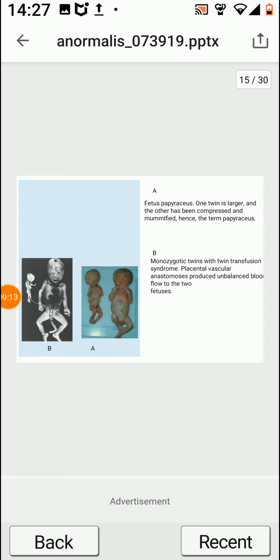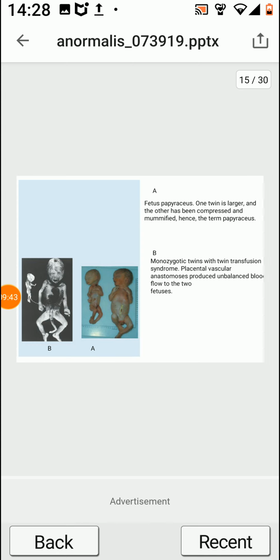The other one has been very much compressed and mummified, in that it is nearer to dying. That is per image A. Then per image B, that is when you're going to have monozygotic twin transfusion syndrome.